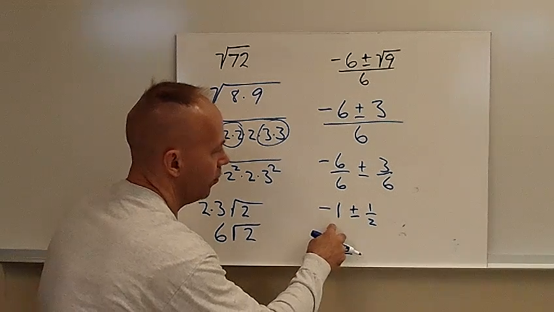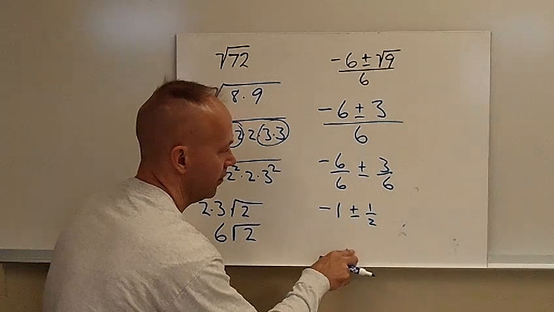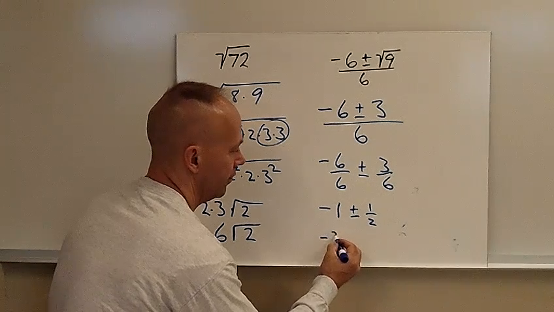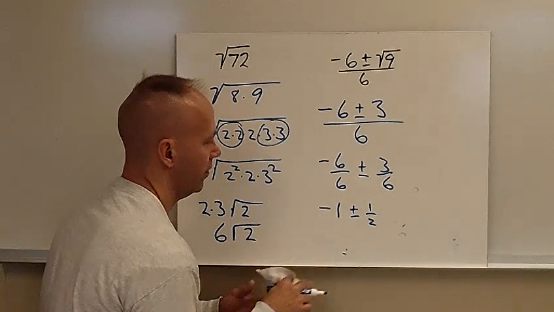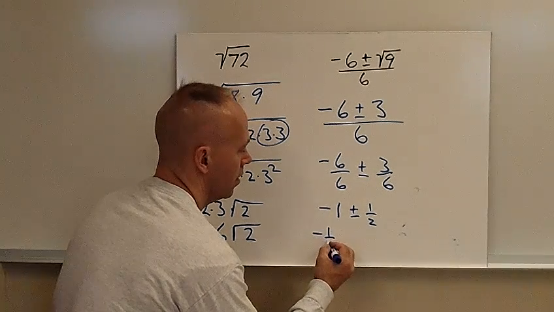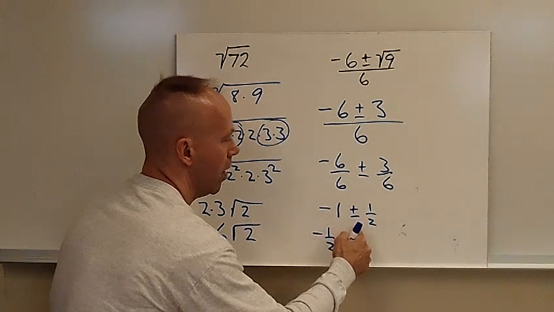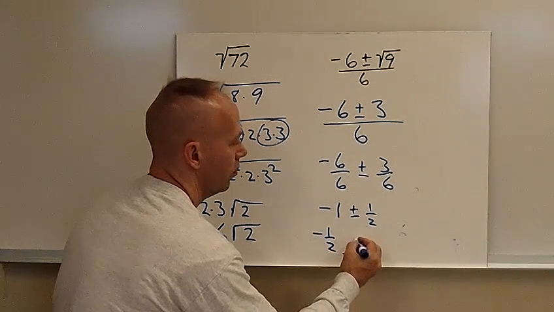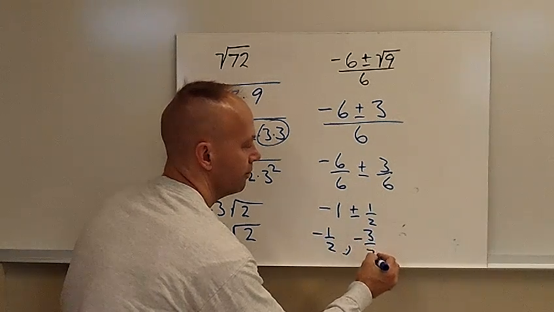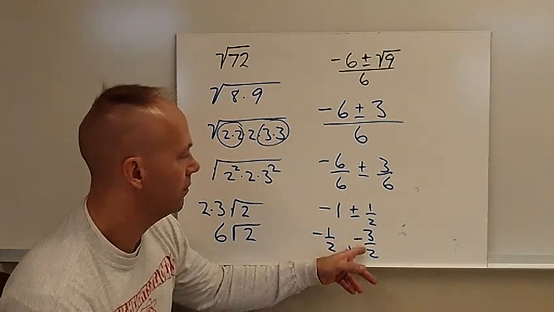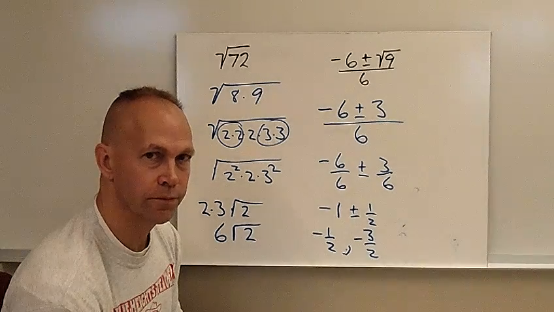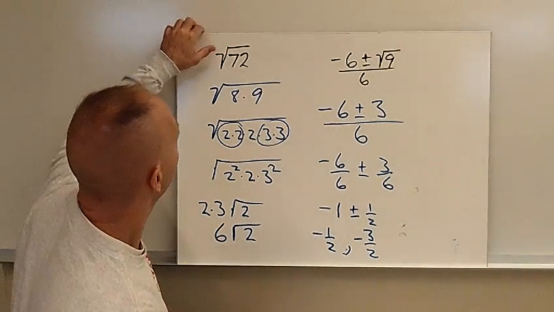So I've got -1 plus 1/2, which would be -1/2. And -1 minus 1/2, which is -3/2. And I can write those two solutions as just this one comma this one. All right.